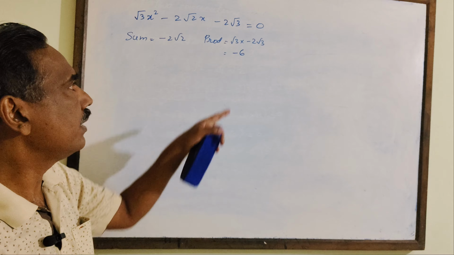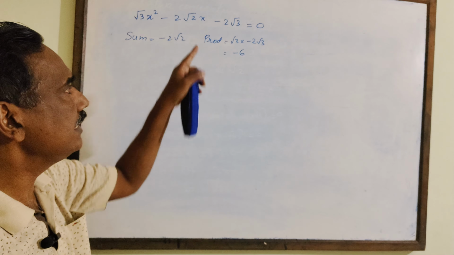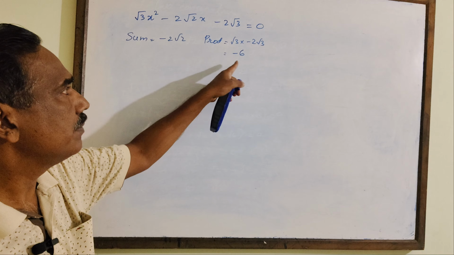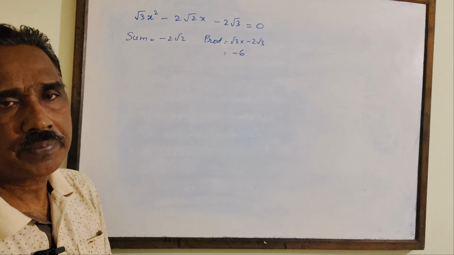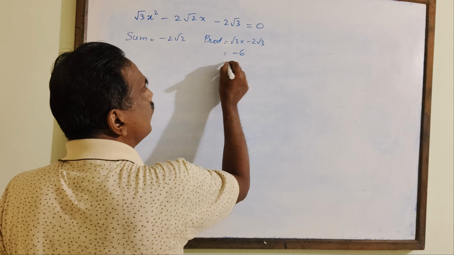As I had already mentioned in the previous videos, it is easier to find the two numbers by factorization of the product, that is minus 6.